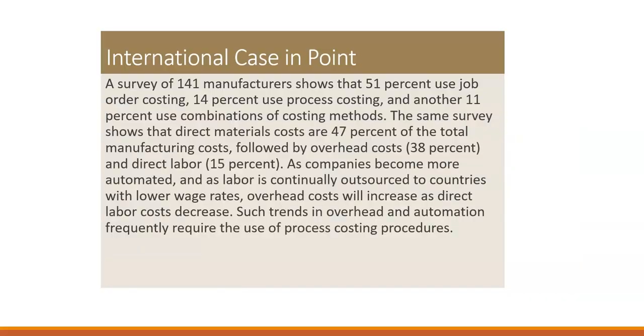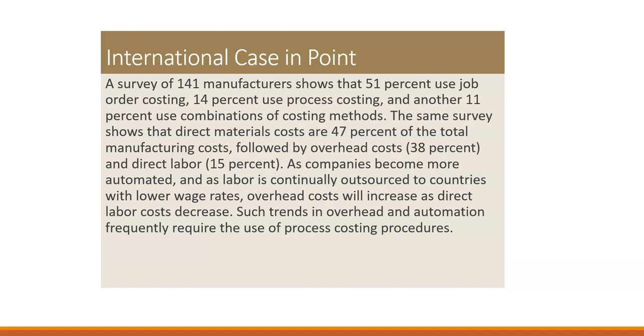When we're looking at manufacturers in general, we have this little snippet of information here from the textbook. We surveyed 141 manufacturers and show that 51% of them use job costing, 14% use process costing, and 11% use a combination of costing methods, usually called a hybrid costing system.